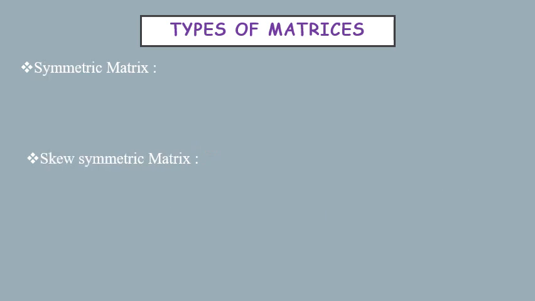Next symmetric matrix and skew symmetric matrix. Okay, so symmetric matrix is also a square matrix in which elements opposite to the diagonals are same. This is a symmetric matrix of order 2 and this is a symmetric matrix of order 3. So here 2 and minus 1 are diagonal elements. Okay, and elements opposite to this diagonal are 3 and 3.